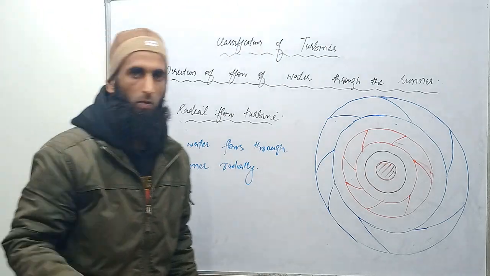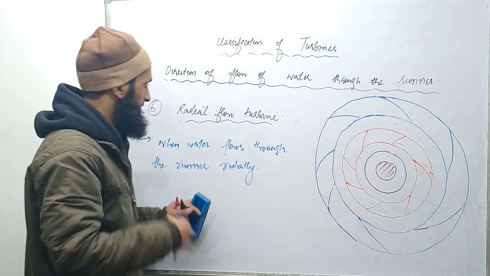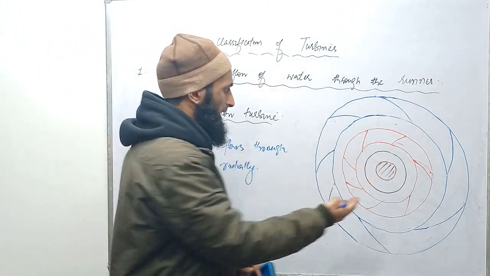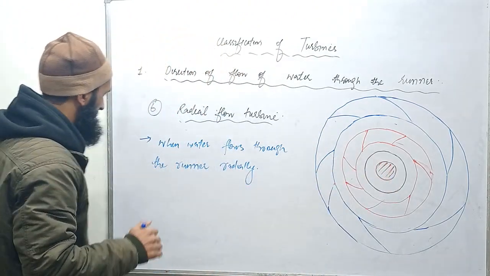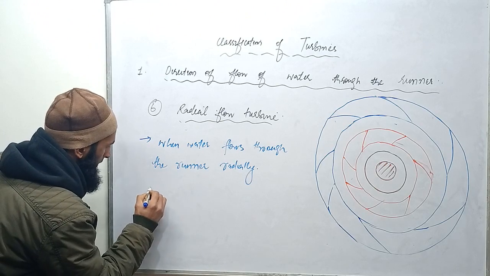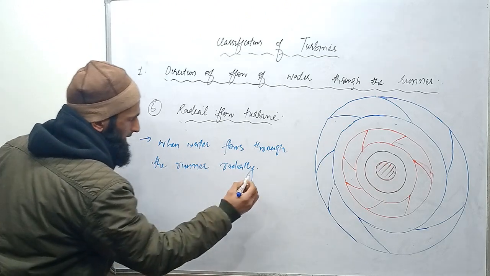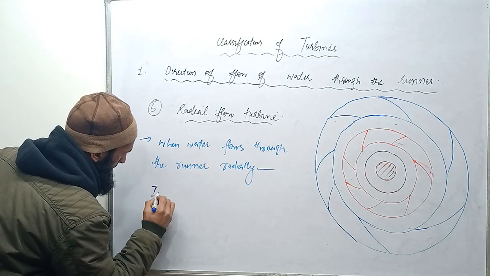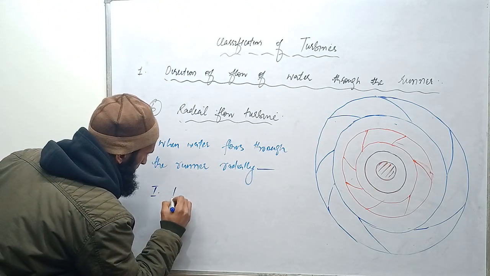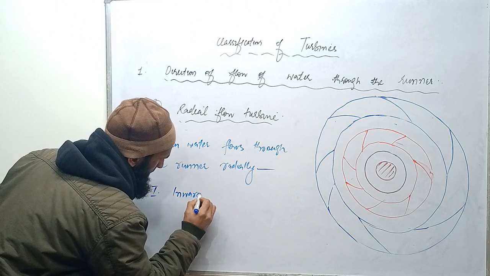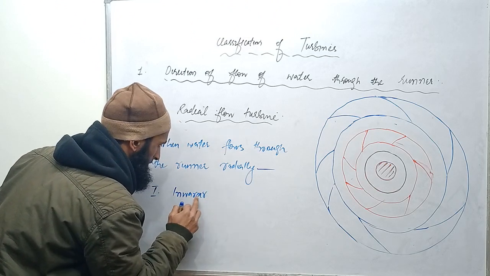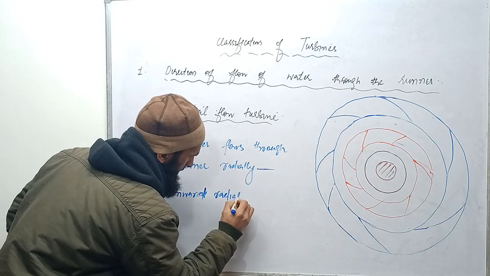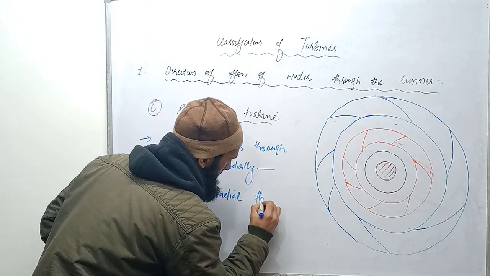In this category we have two types of cases. One is radially inwards and one is radially outwards. The first category in this is inward radial flow turbine.